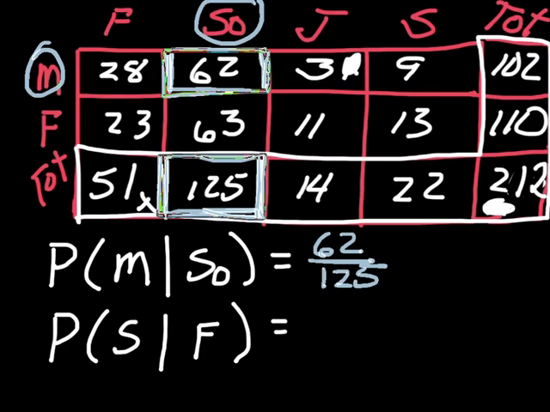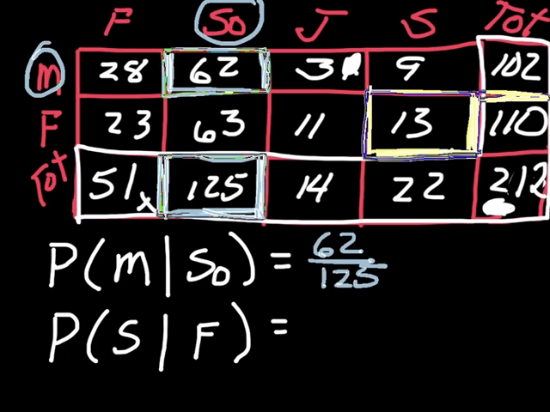And then the next one, what's the probability that it's a senior given that it's a female? A senior given that it's a female. Well, I need to look at all the seniors. And here are my senior females right here. And it's given that it's a female.